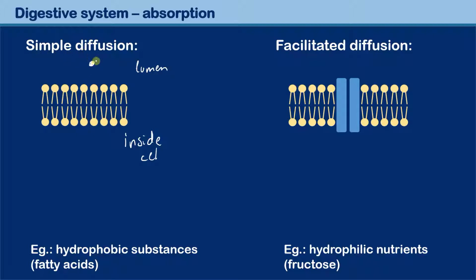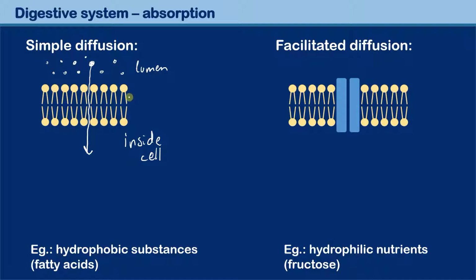And in the case of simple diffusion, the food molecules are able to squeeze between the phospholipid bilayer and they're able to diffuse to the inside of the cell. Look how I spelled cell over here. I forgot an L. Okay, but what you need over here is a high concentration of food molecules because you need the concentration gradient.